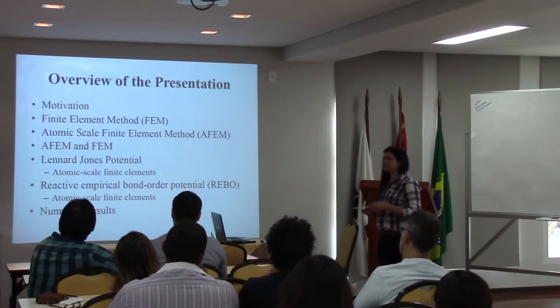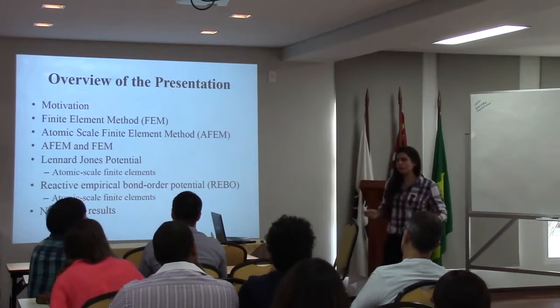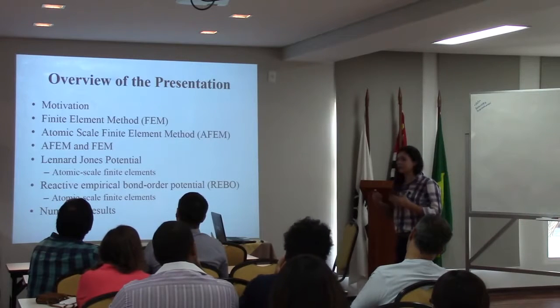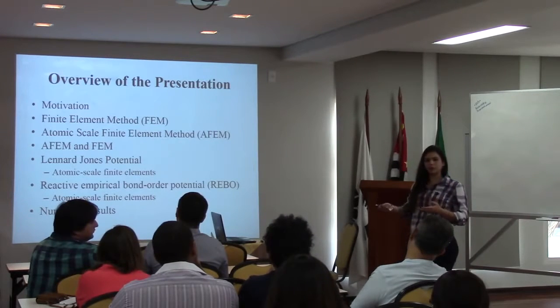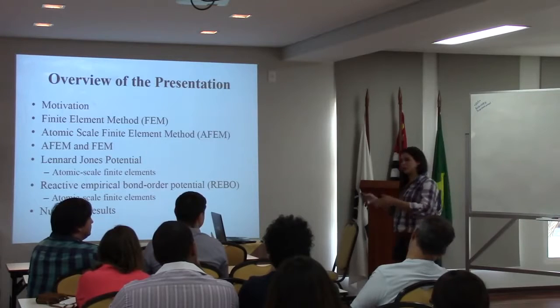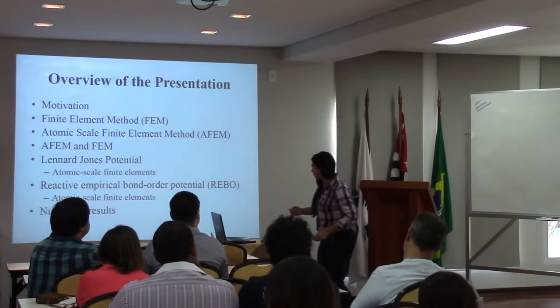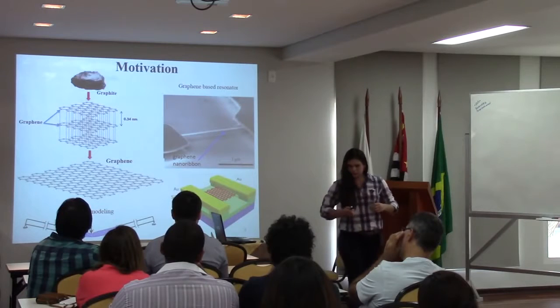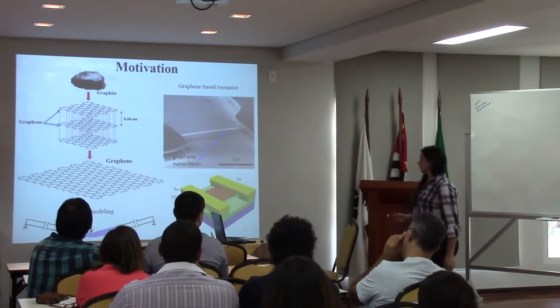And show one problem that the researchers are working on, and then talk about the potential energies that I need to introduce in my method to be able to study these problems. Okay, the first topic, the motivation.